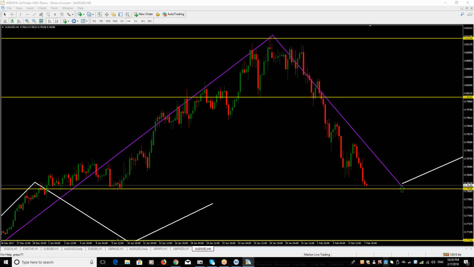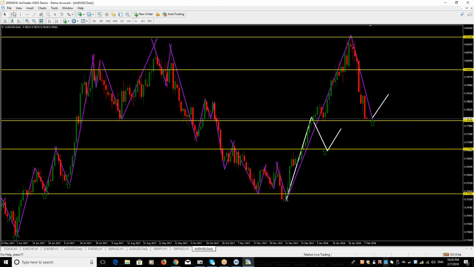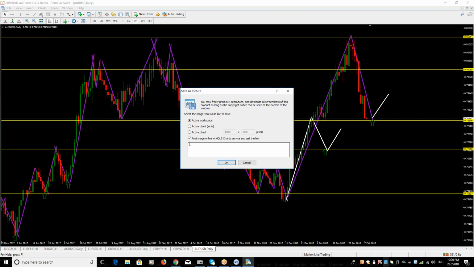So this is how you're going to do it. You go onto save picture. If you go onto the daily, also can you put there for me the charts that you've done for the next possible trade, where the next possible trade would be. You're going to go into save, save picture as, or we could save the workspace.